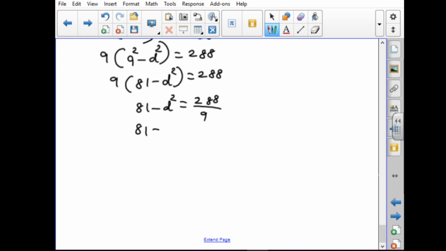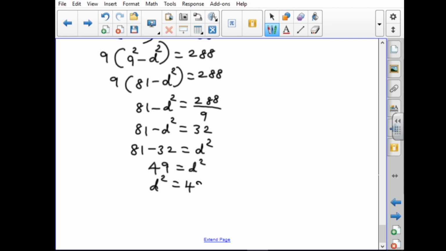We have to divide: 3 9s are 27, so it is 32. So 81 minus 32 is 49, equal to d square.